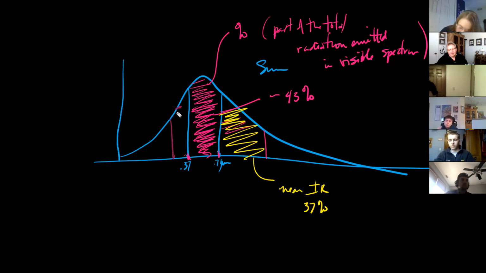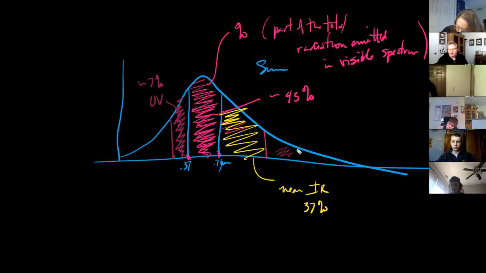This would be what spectrum? UV. And how much UV did we say? About 7%. So 43 and 37 and 7, that's 87%.